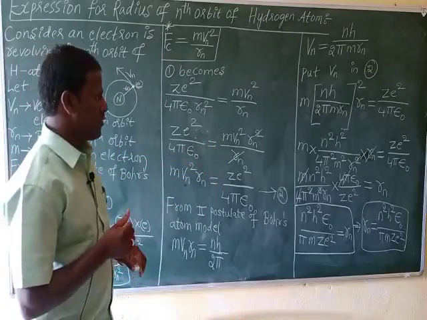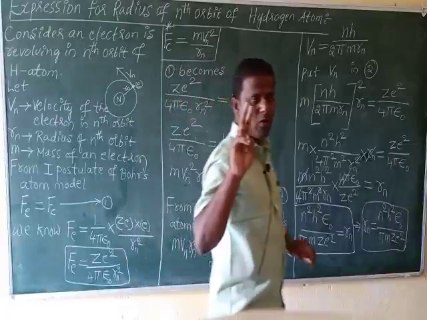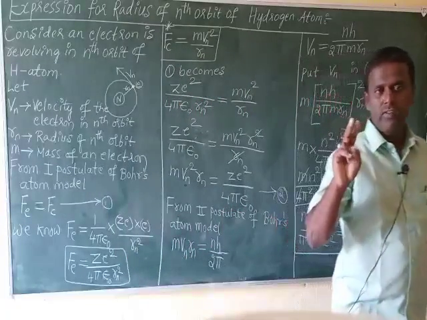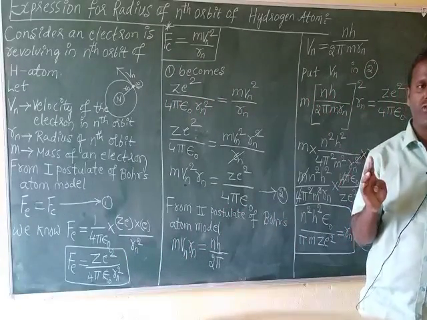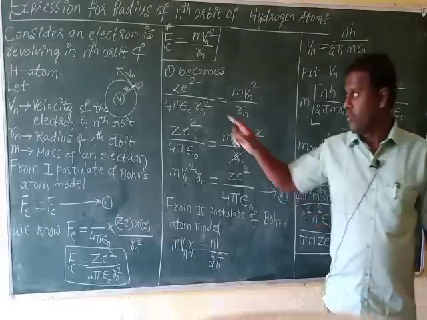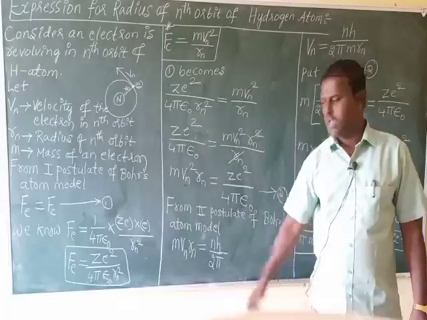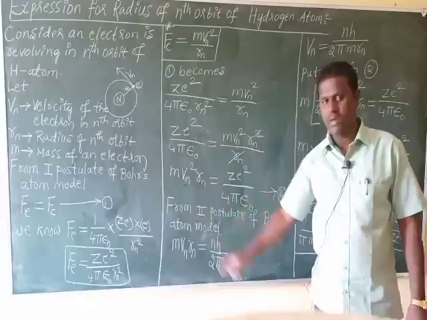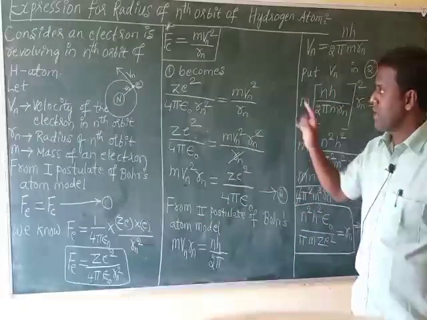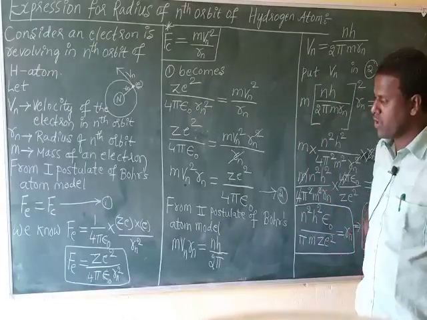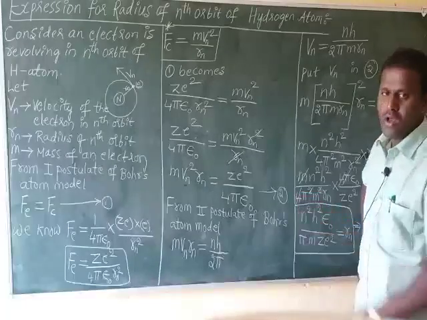So here we used two postulates of Bohr's atom model, the first postulate and the second postulate. First step, from the first postulate, Fe equals Fc. Then you find the formula for Fe and Fc and equate the two. Fe is Z e square by 4 pi epsilon Rn square.